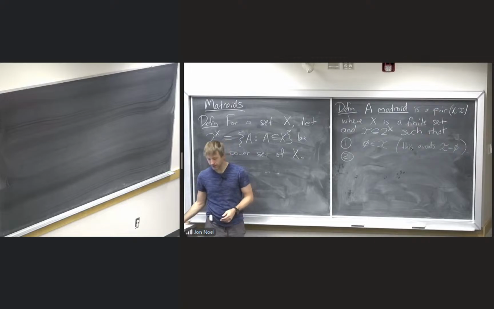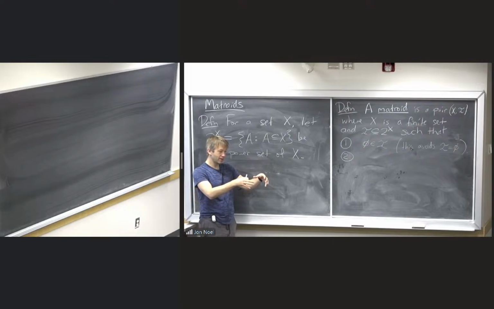The second condition I want is that this collection is downward closed. So if you have a set that's in the family, then every subset of that set is also in the family.